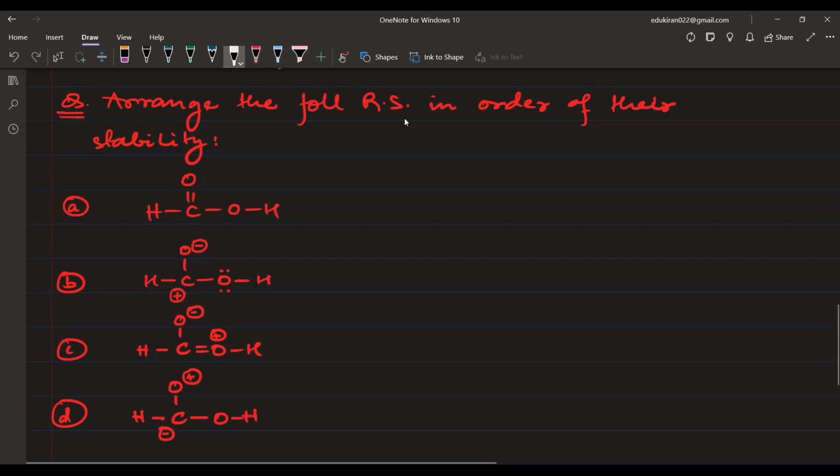So first of all, you are going to look at the number of bonds. Tell me how many bonds can you see in this structure, A structure? 5. What about this one?